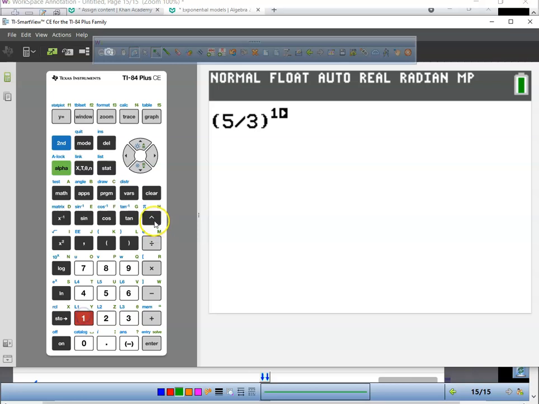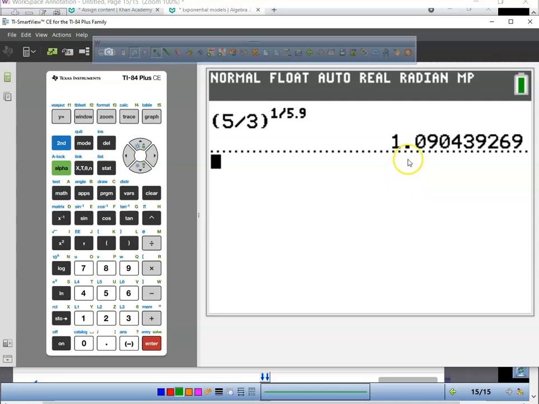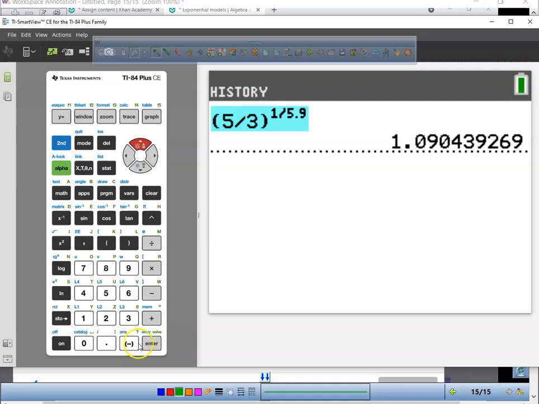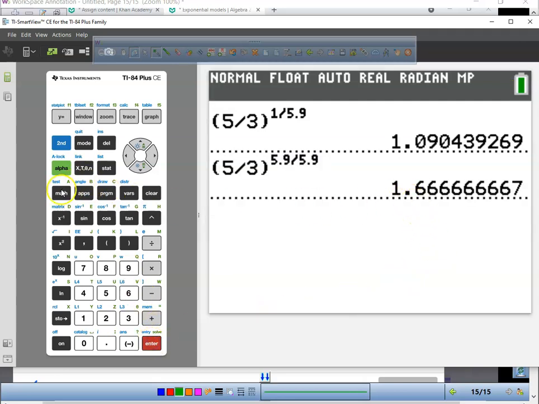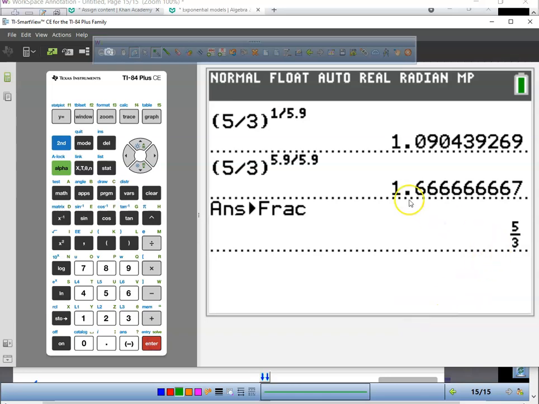Raised to the power of 1 divided by 5.9. So every single day it reaches this. But look what happens when I do 5 divided by 3, and right here I put 5.9 divided by 5.9. That's when it gets you to 5/3. So it actually takes 5.9 days before it increases by a factor of 5/3.